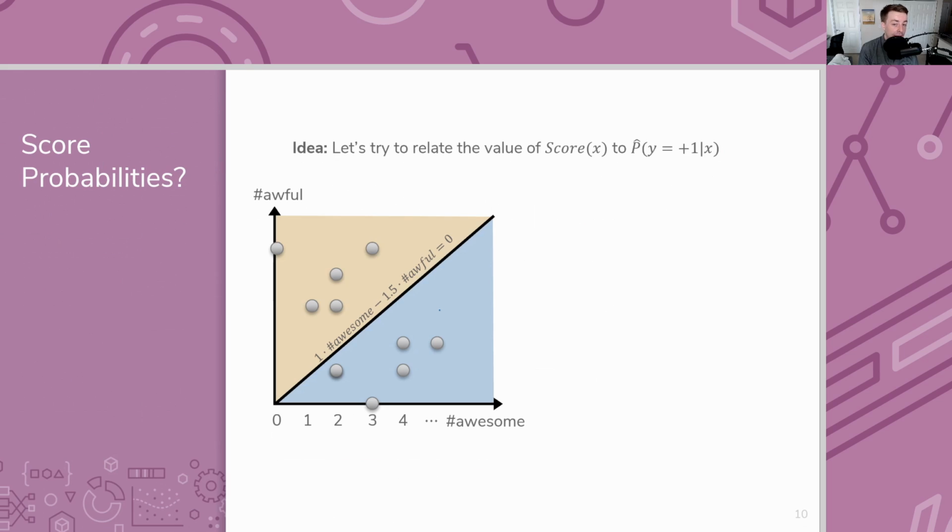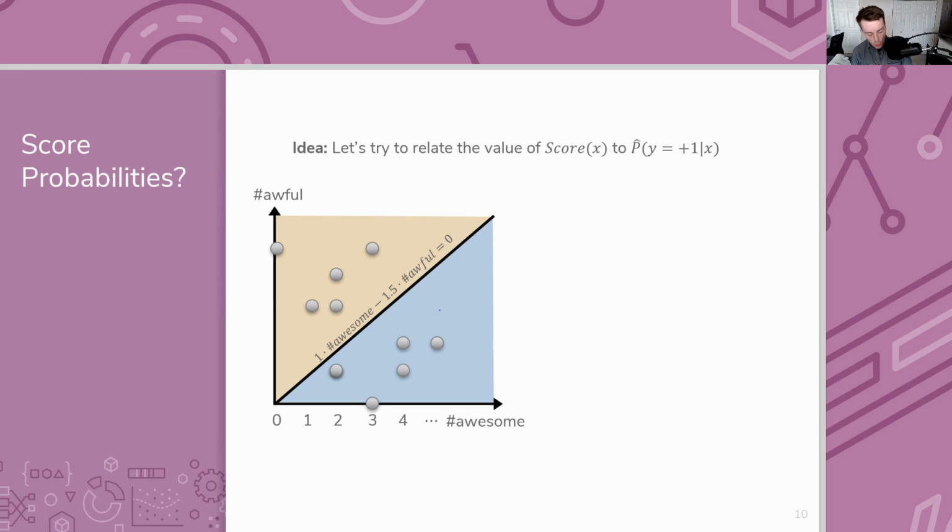So our big idea is take that linear classifier we talked about Monday, where we learn a score, and somehow take that score and turn it into a notion of probability. So we'll learn some coefficients, like 1 times number of awesome minus 1.5 times number of awful, and we'll try to relate that score to a probability statement.